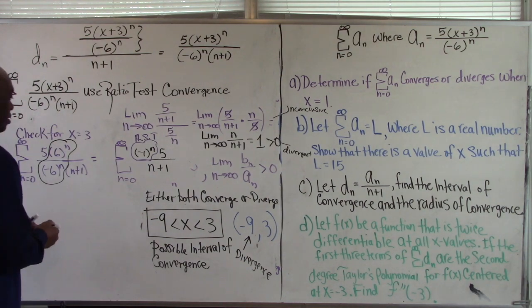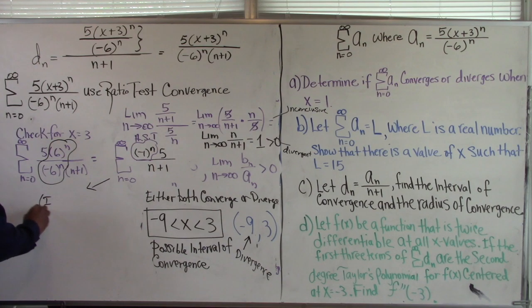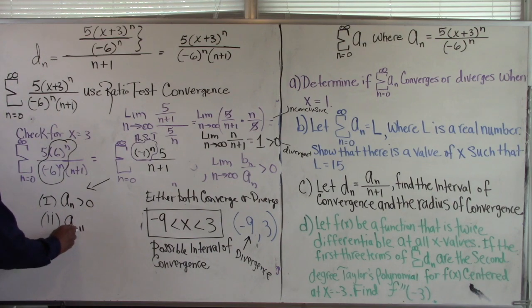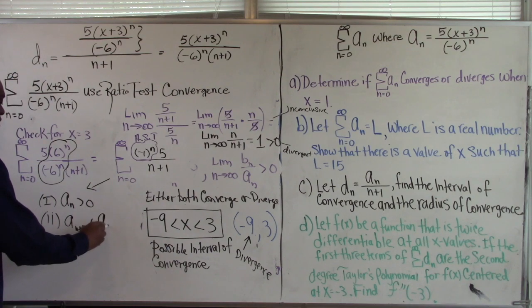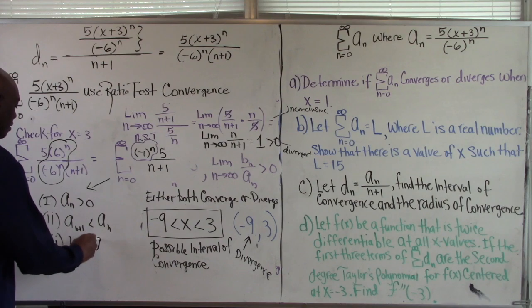For the alternating series test, we have 3 conditions. Condition 1, a_n is positive. Condition 2, a_(n+1) is strictly less than a_n. That means it's decreasing. And condition 3, the limit as n goes to infinity of a_n equals 0.